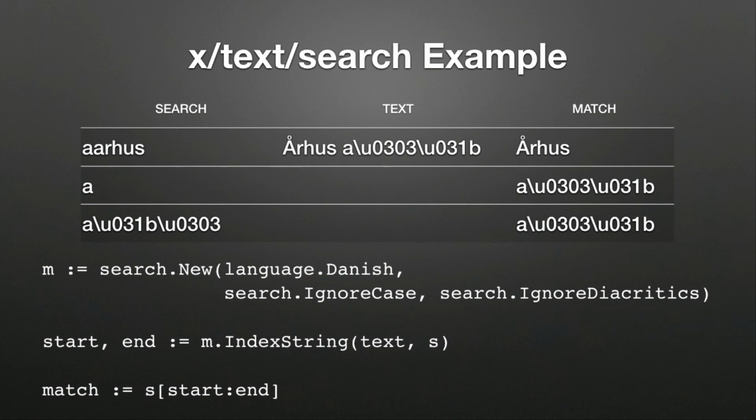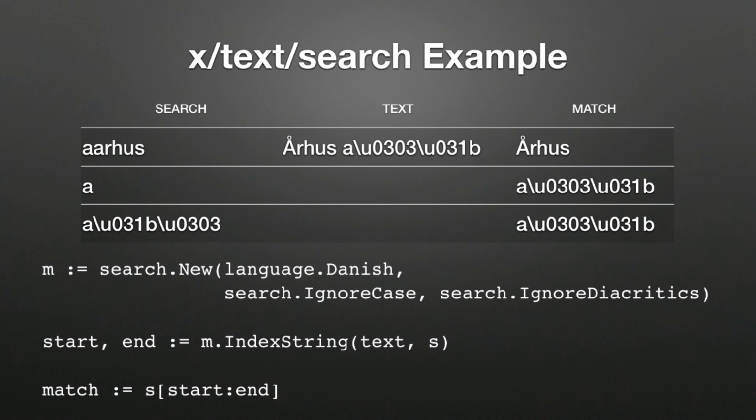The first search string, Aarhus, as you maybe remember from an earlier slide, double A matches a ring. We ignore case, so Aarhus matches Aarhus in the text.